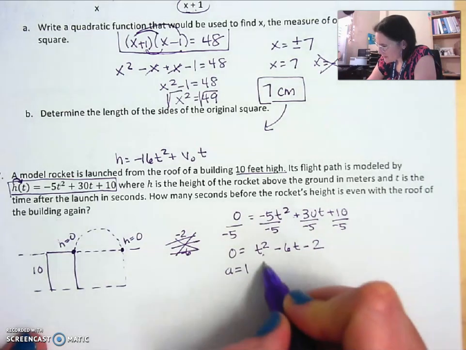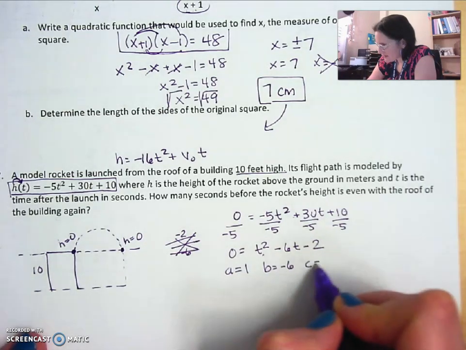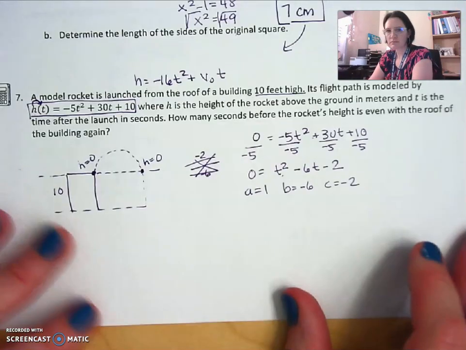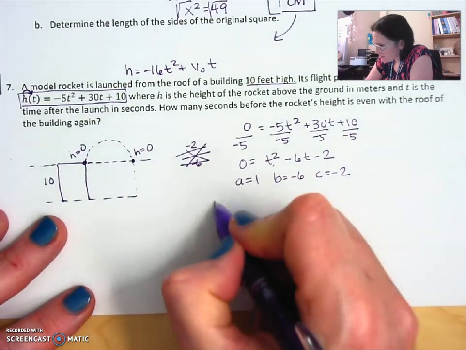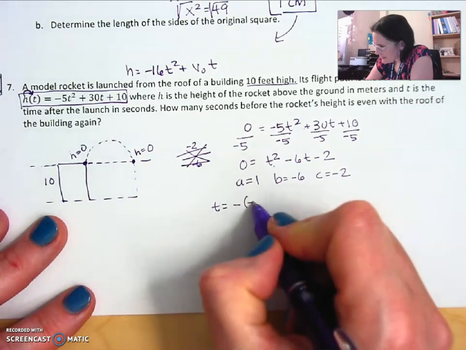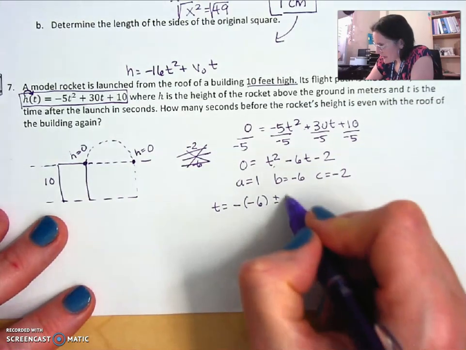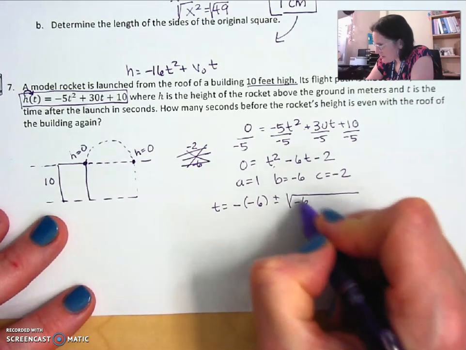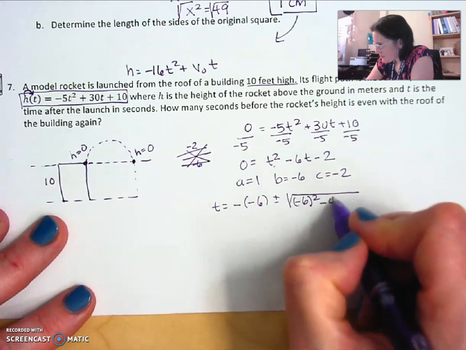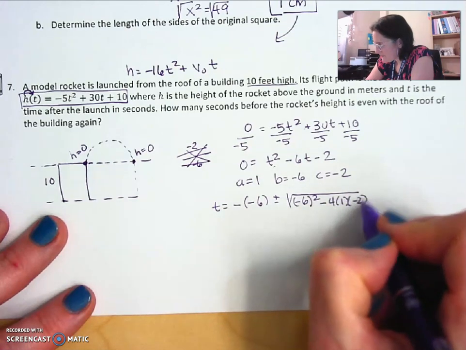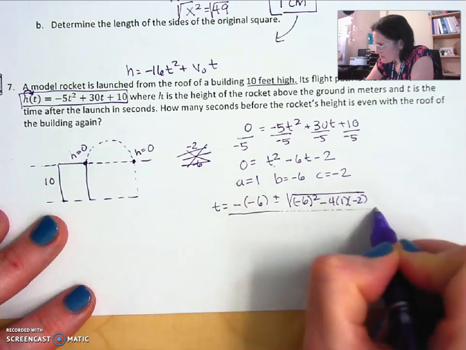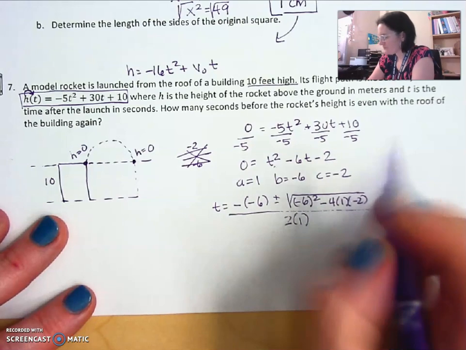A is 1, B is -6, C is -2. So that's negative B plus or minus the square root of B squared minus 4AC all over 2A.